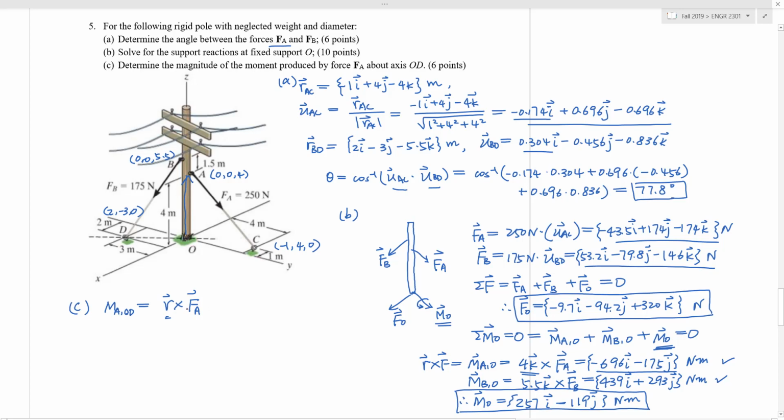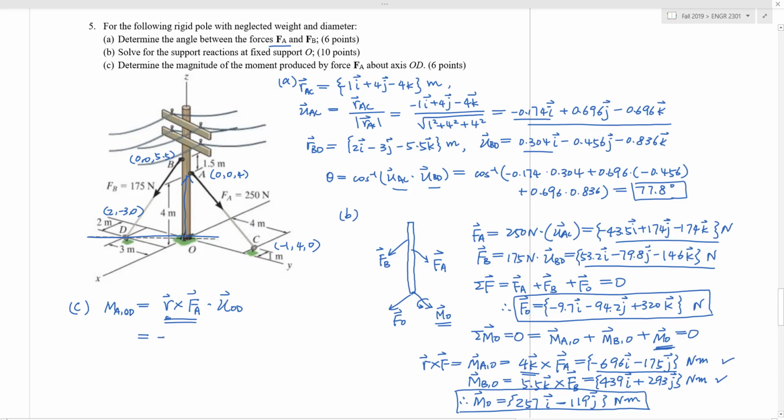And then from there, we're going to attach the unit vector of OD, which has to be the unit vector of this direction, and it's going to be a dot product. Okay, so from here, we're going to use the solution we had already.